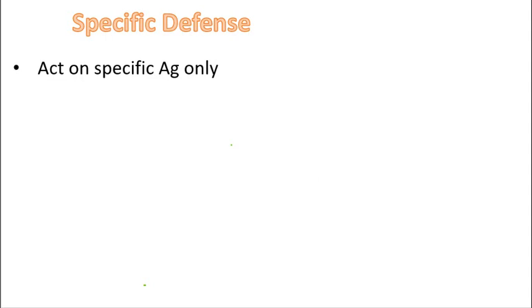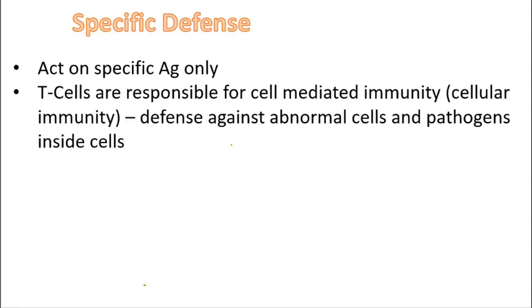Specific defense, on the other hand, acts on a specific antigen only, and two types of cells are responsible for it. We have the T cells, which are responsible for cell-mediated immunity and defense against abnormal cells and pathogens by attacking them directly.